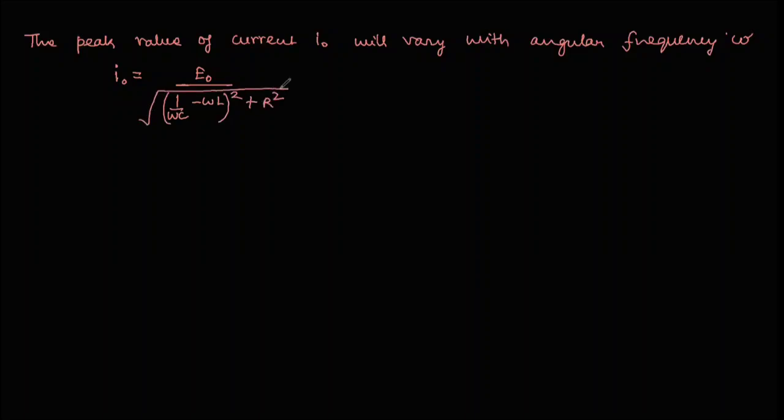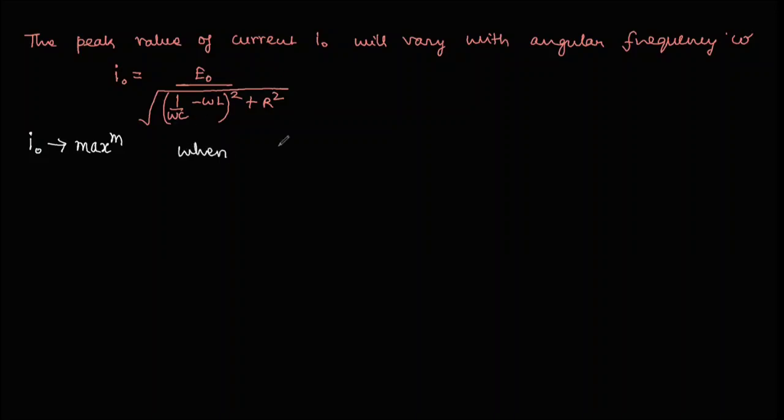So with omega the value of I naught also varies, and I naught will be maximum when the denominator is minimum.